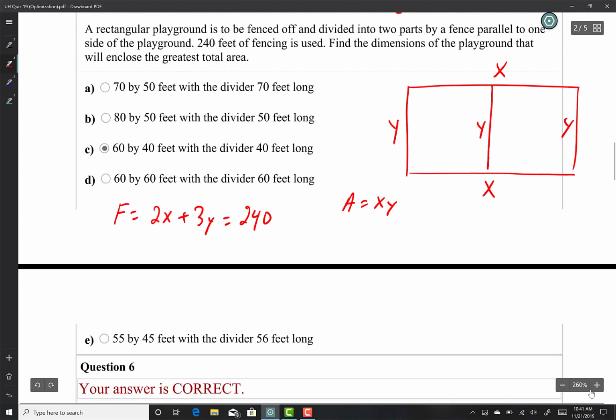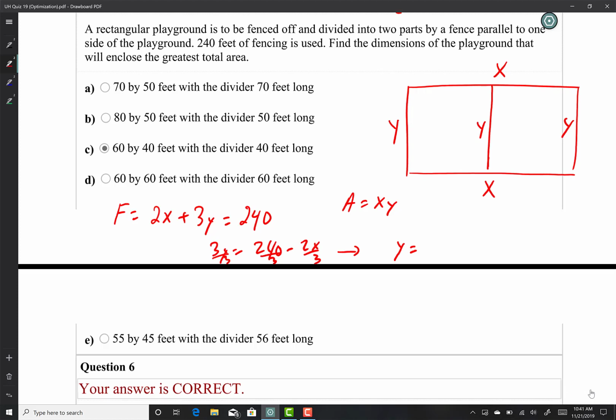So I'm going to solve for y. So here we go. 3y equals 240 minus 2x. Divided by 3, divided by 3, divided by 3. So I get y equals 240 divided by 3 is 80, minus 2/3 of x.